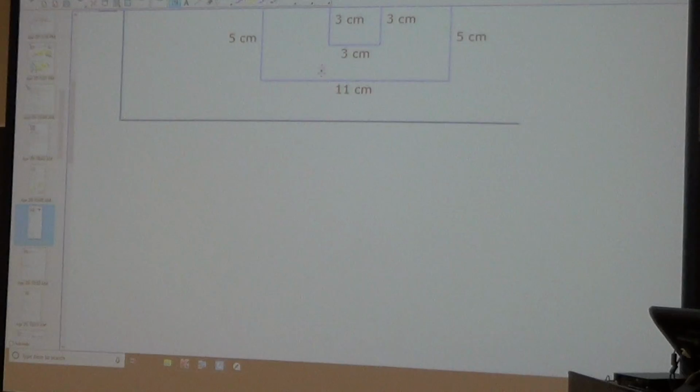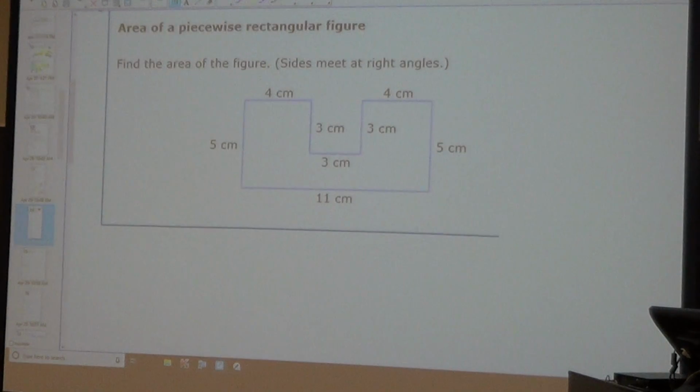It's always outside shape minus inside shape. Okay? So, I see this gaping hole in the middle. So I fill in the hole, and I look for my outside shape minus my inside shape. Here is my outside shape.